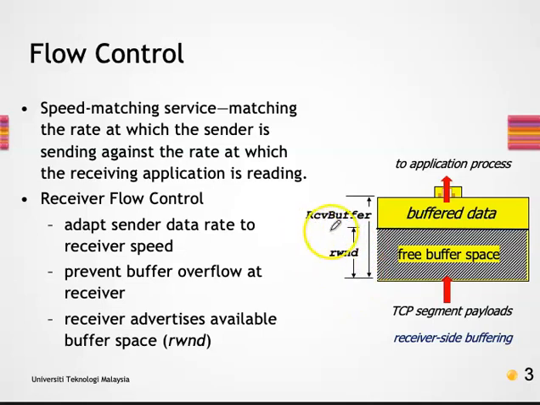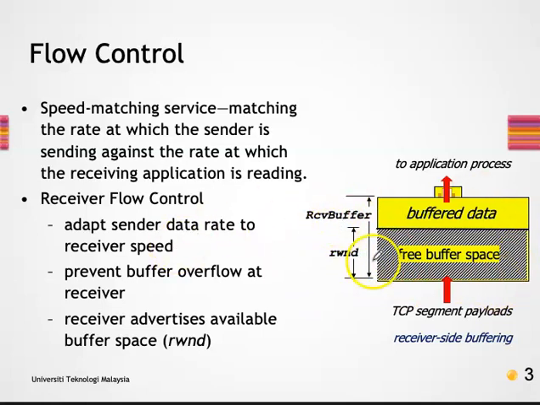Informally, the receive window is also used to give the sender an idea of how much free buffer space is available at the receiver. Because TCP is full duplex, each side of the connection maintains a distinct receive window value, both at the sender and at the receiver side.